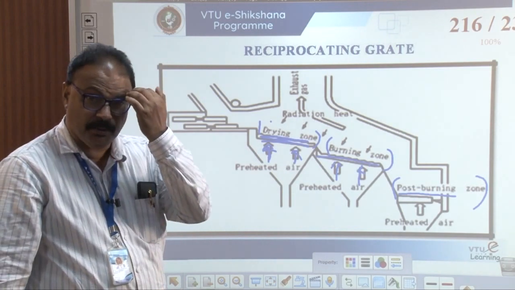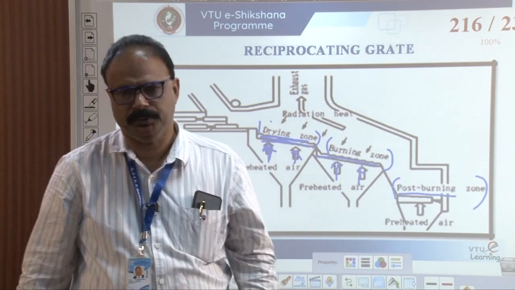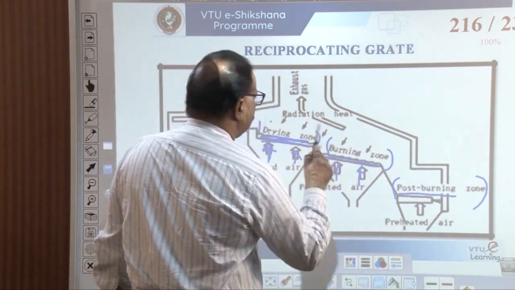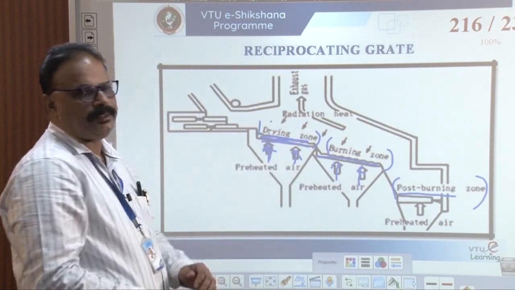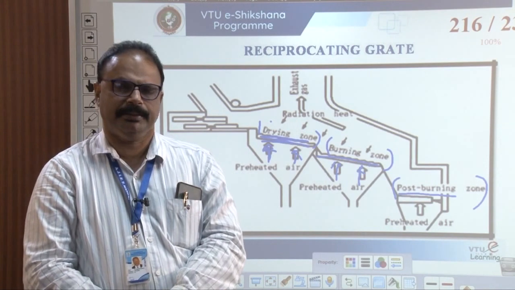Here are three types of grate: drying zone, burning zone, post-burning zone, with preheated air from below.